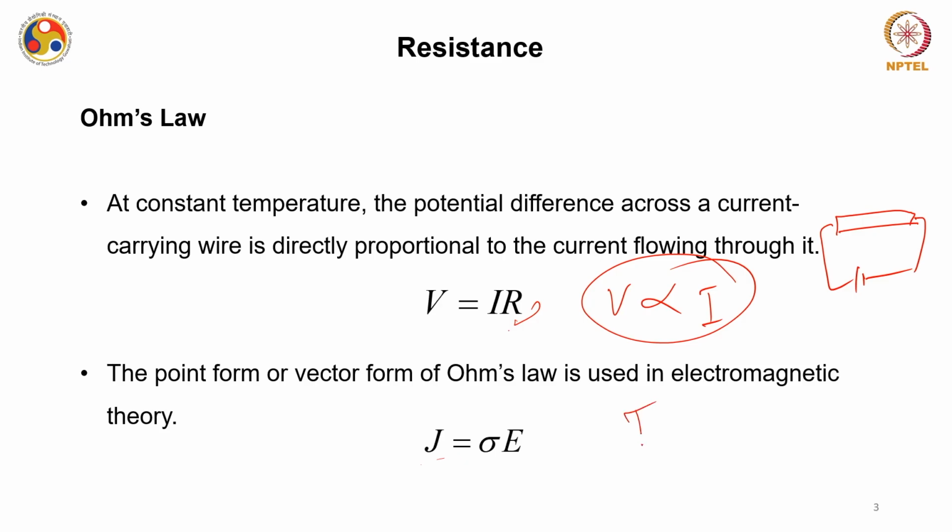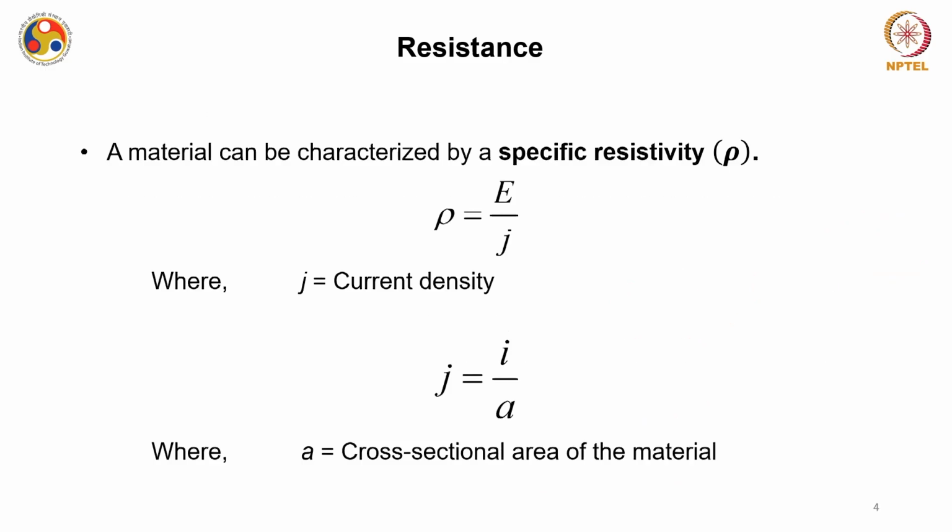For this proportionality, if I introduce a constant, it is the conductivity. So J is equal to sigma into E, where sigma is the electrical conductivity of the material. This is the point form of Ohm's law.